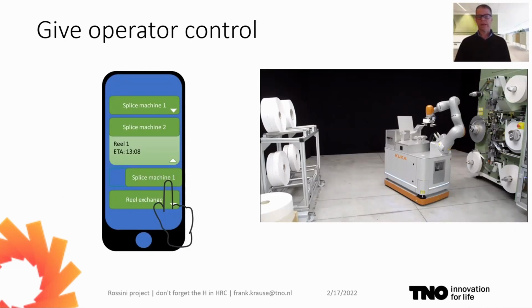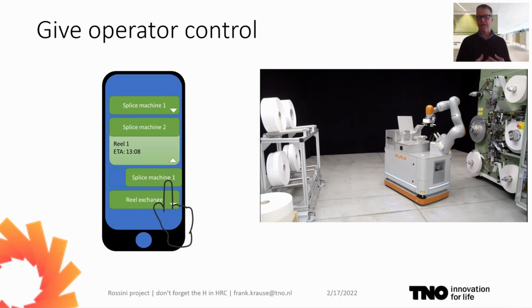Very important, give the operator control, because this is one of the most important aspects in job quality. An operator needs to have a certain control, and this is, for instance, in the EMA use case where you have flexible task assignment.